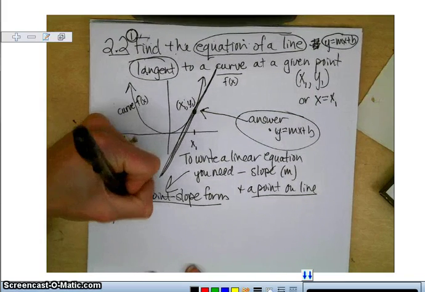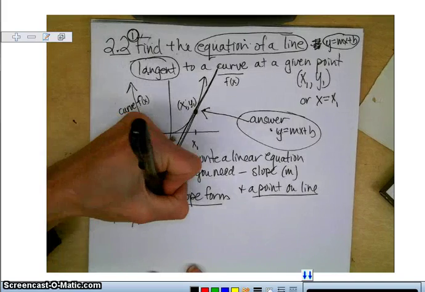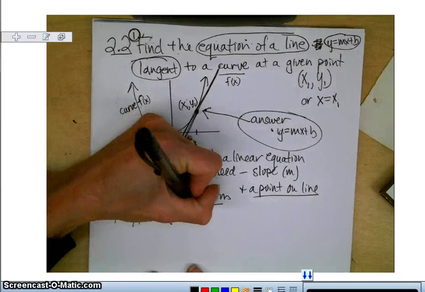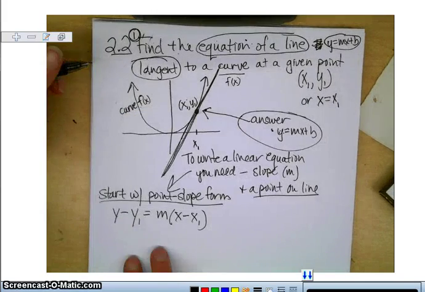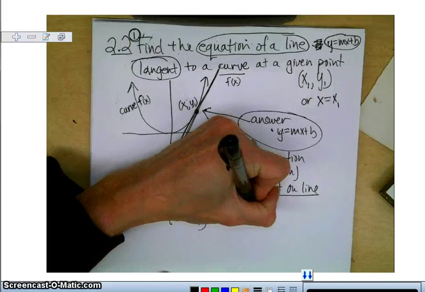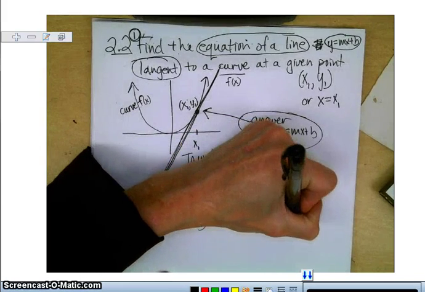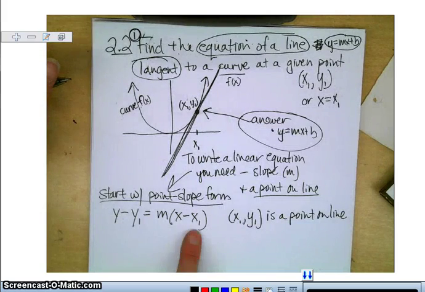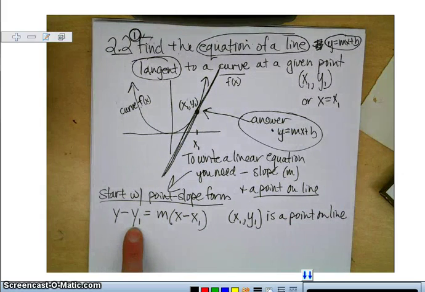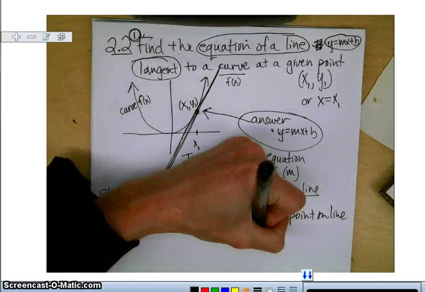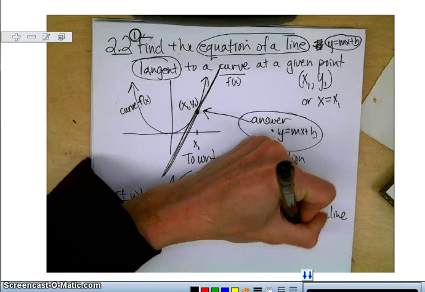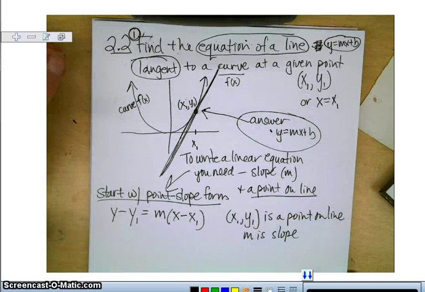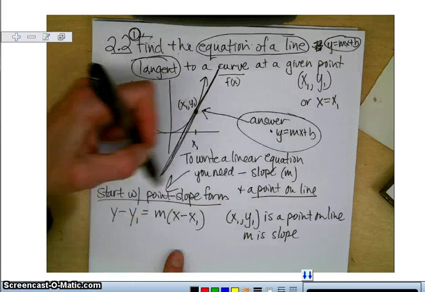Y minus y1 equals m times x minus x1, where x1, comma y1 is a point on the line. So the x1 and the y1 come from the point on the line, and m is the slope. Okay, so I'm always going to start with this.